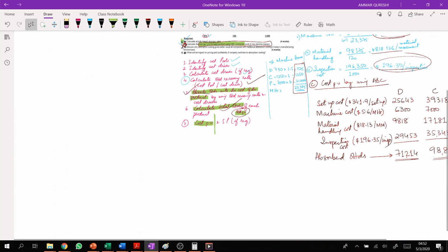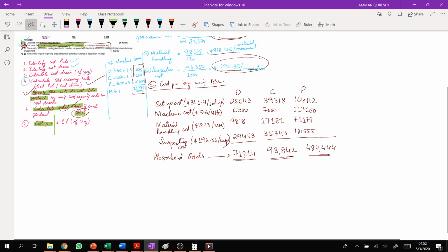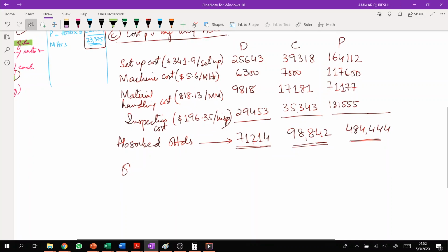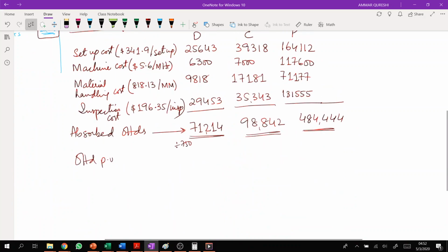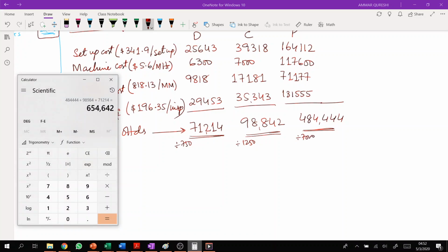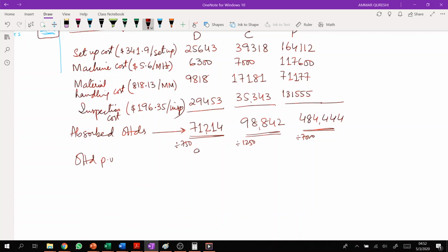So for the calculation of overhead per unit, we will divide by 750, 1250 and 7000. 71214 divided by 750, that makes 94.95 dollars per unit.